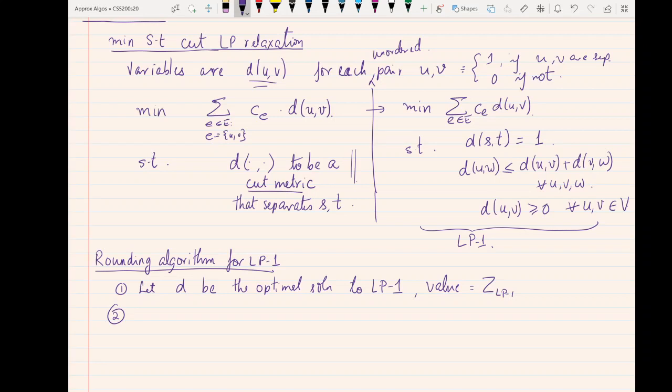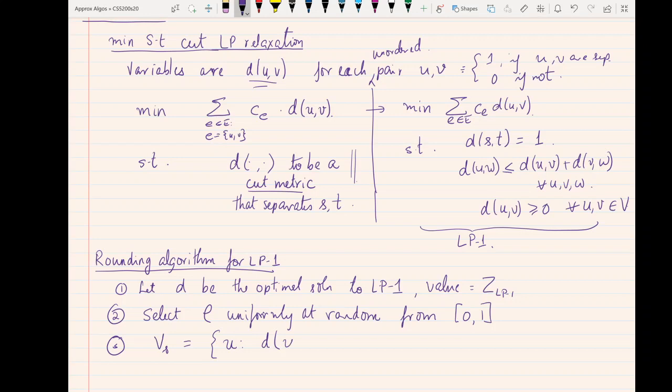Now it's going to be a randomized algorithm, so I'm going to select rho uniformly at random in the interval, so it's a continuous interval 0, 1, and now I'm going to call V_s the subset of vertices that are on the s side of the cut, being those vertices such that d of u comma s is less than or equal to rho.